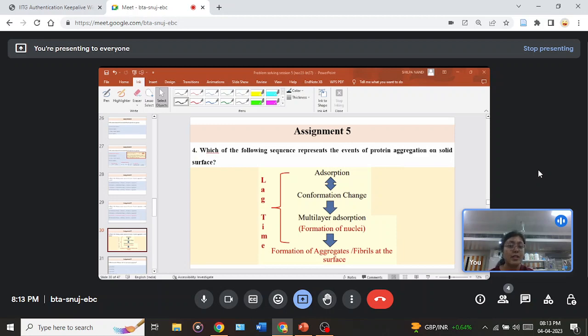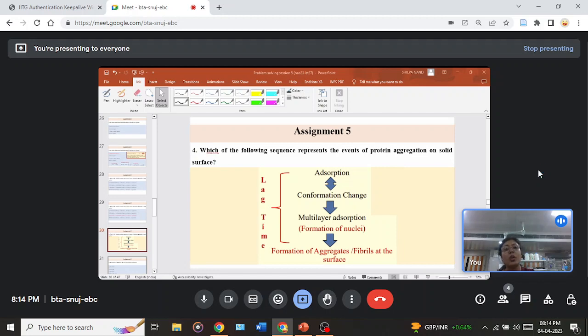Then later on, there is a conformational change, which may be unfolding, and then we have multilayer adsorption or formation of nuclei. This formation of nuclei is also known as nucleation. And lastly, we have formation of aggregates or fibrils at the surface. That is known as aggregation. Right, so this was for solid surfaces.